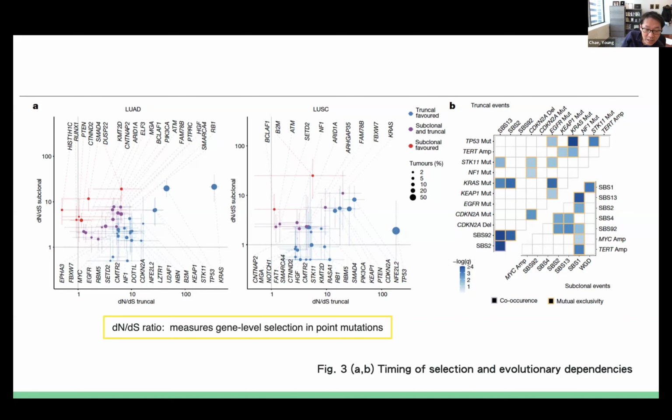So what was it? I'm trying to understand, for instance, the middle figure, the x-axis is the truncal N, and what did you say N and S stand for? It's the non-synonymous to synonymous ratio, but I'm not 100% getting this method. It's a ratio that measures gene level selection in point mutations.